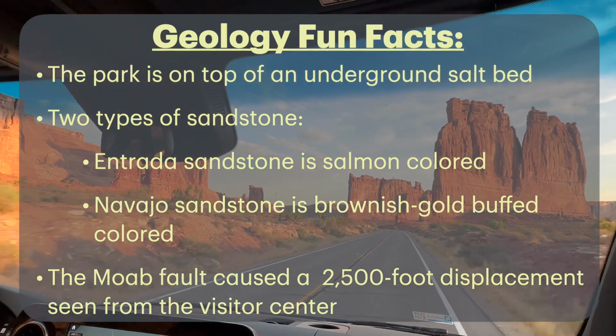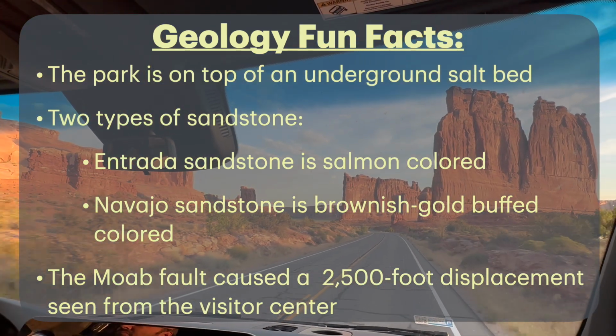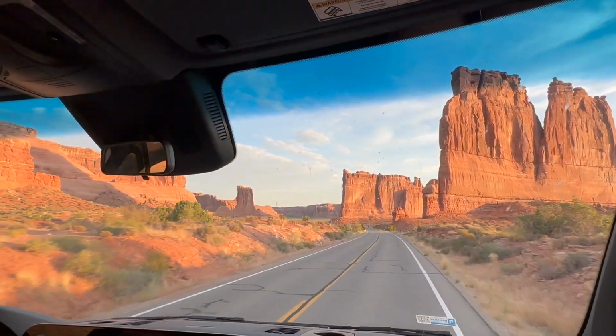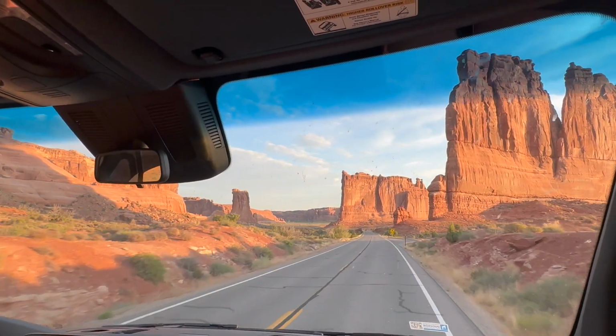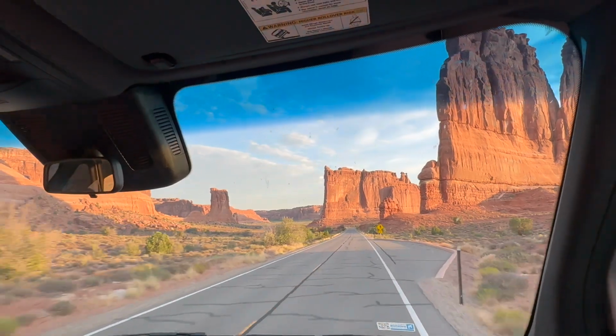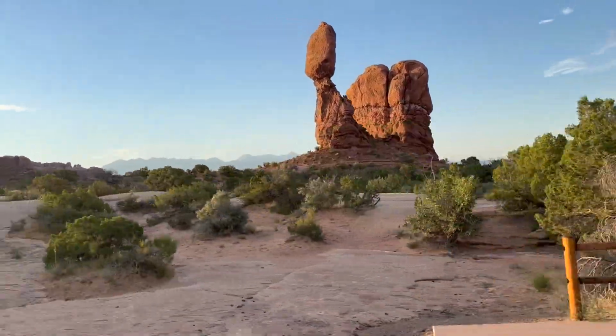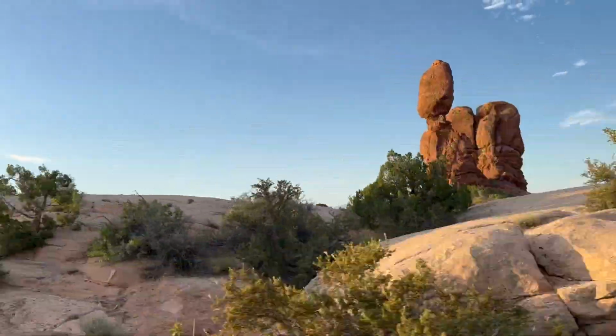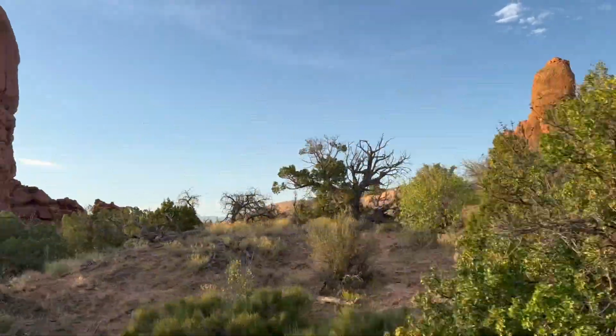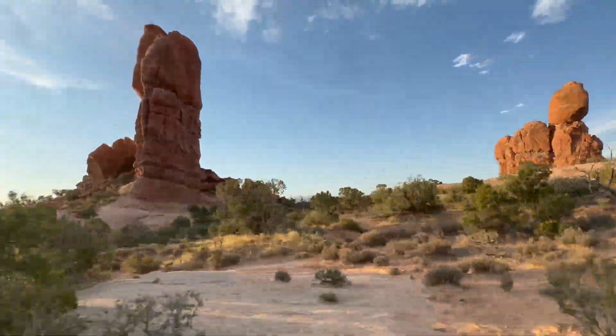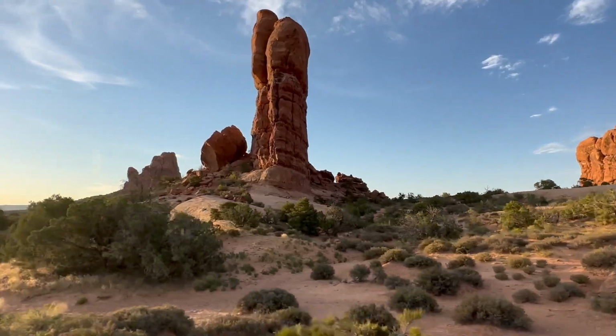Eventually, erosion began exposing cracks in the rocks, enabling rainwater to penetrate and dissolve the salt, leading the way for the arches to form. Deep faults displaced the landscape more, adding to the features we see today. Now, the majority of the arches are composed of sandstone and calcium carbonate.